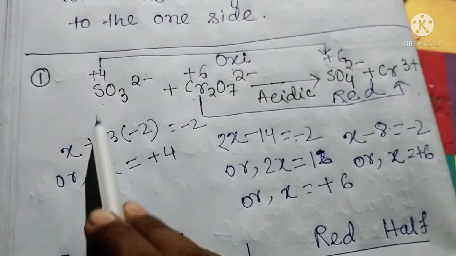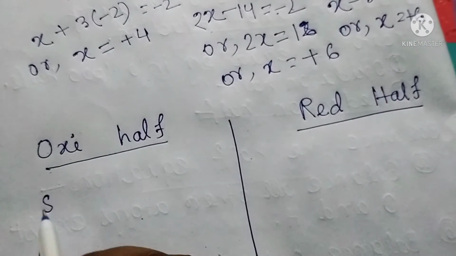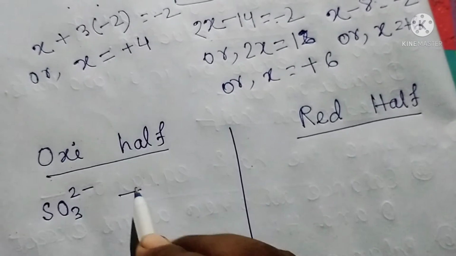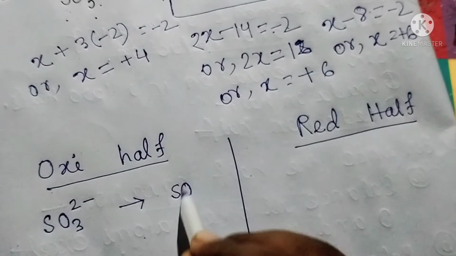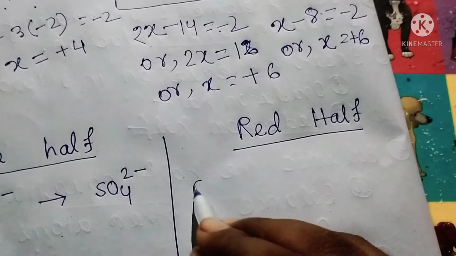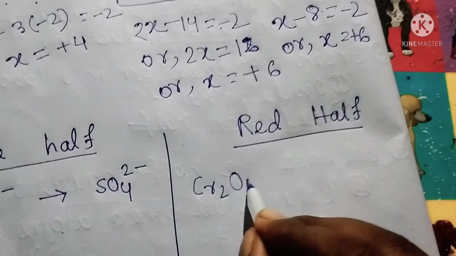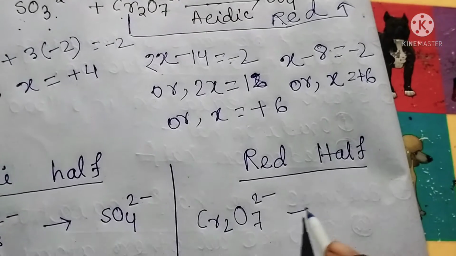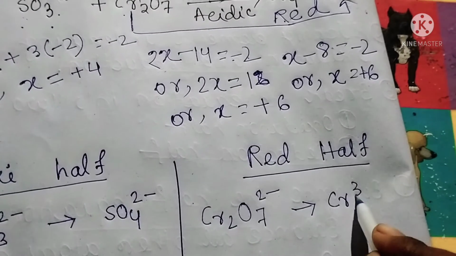So at first, SO3 2- turns into SO4 2-, and here we get Cr2O7 2- turns into Cr3+.